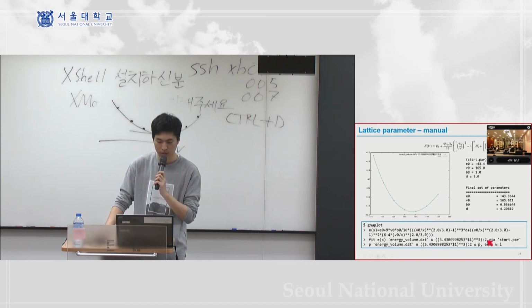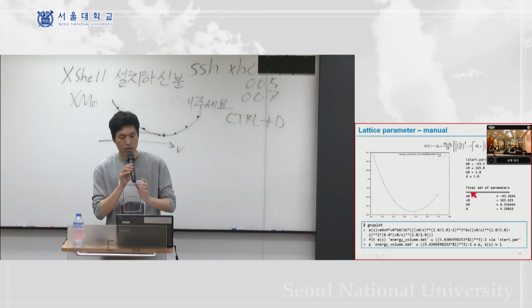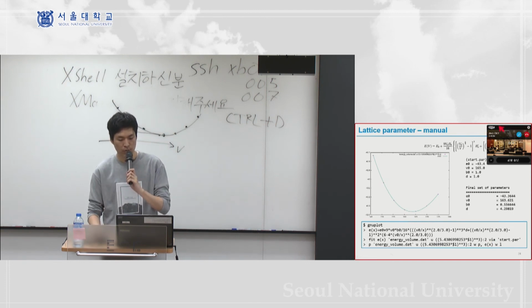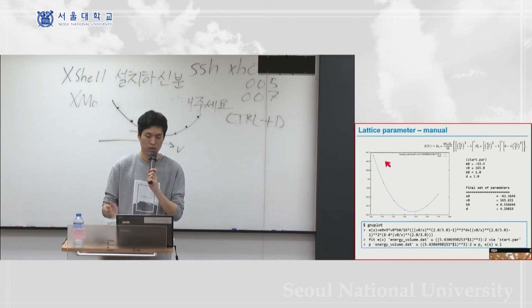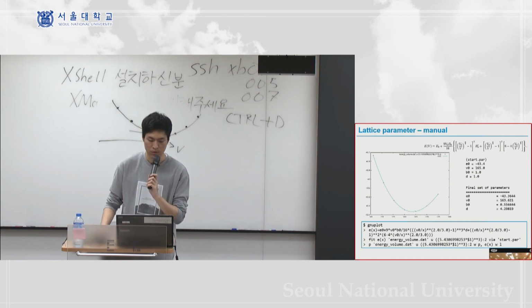If you plot this, it will look like this, and you can fit the Birch-Murnaghan equation to these data points. You can use many programs such as MATLAB, or you can just fit this inside gnuplot too.